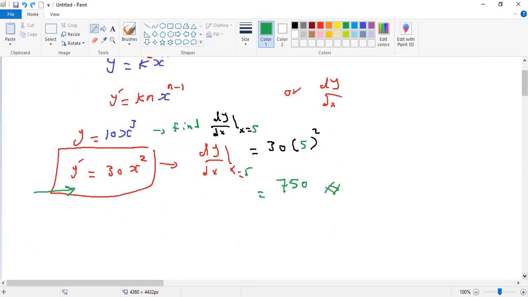Now the product rule. How do we find the derivative if we have a product?